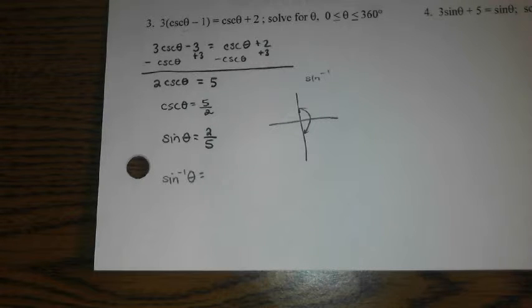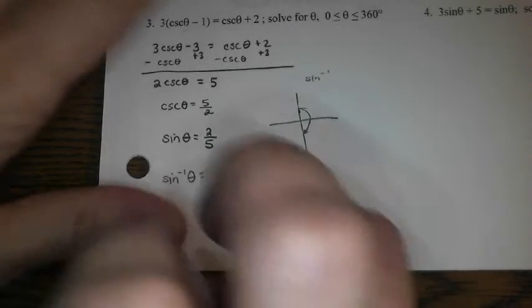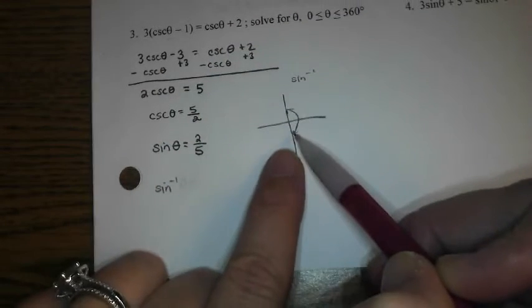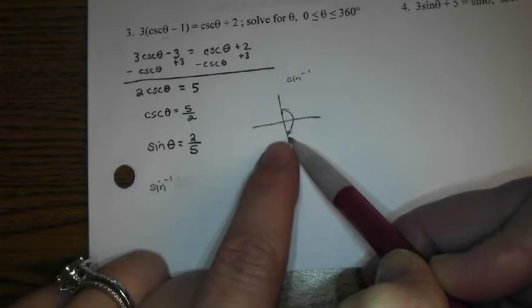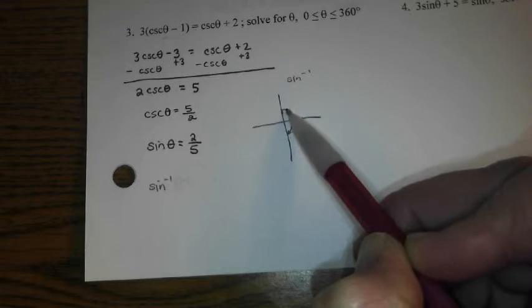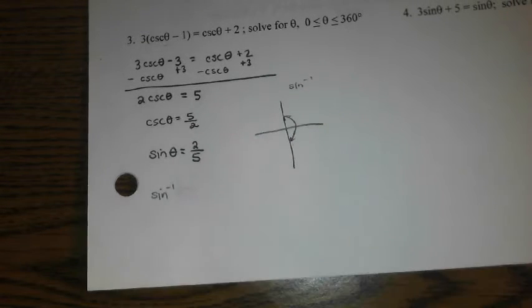It's just going to give you one of the answers. Do you follow? And it's going to give you the answer, whatever it is, between negative pi over 2 and positive pi over 2. From there, we have to find our own reference angle.